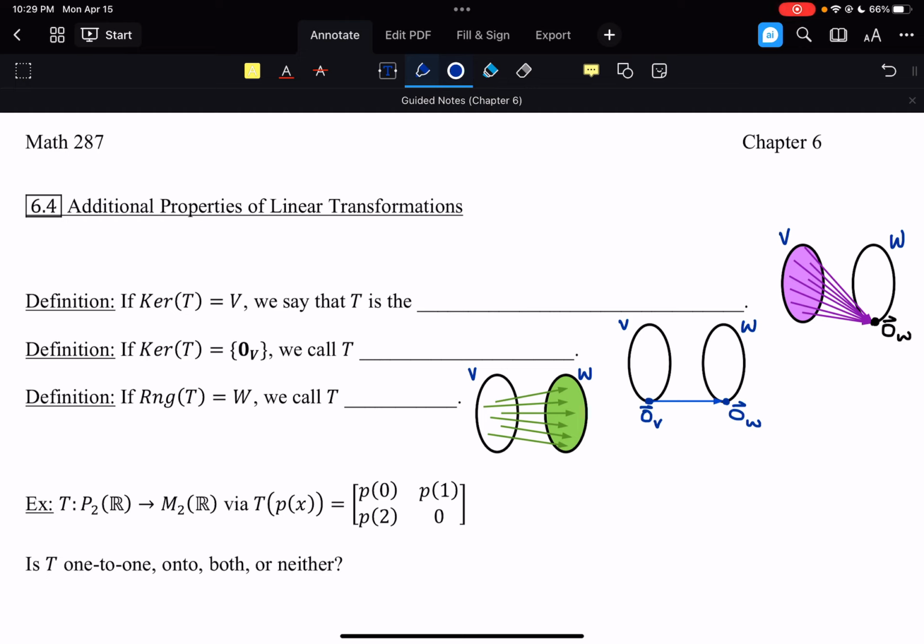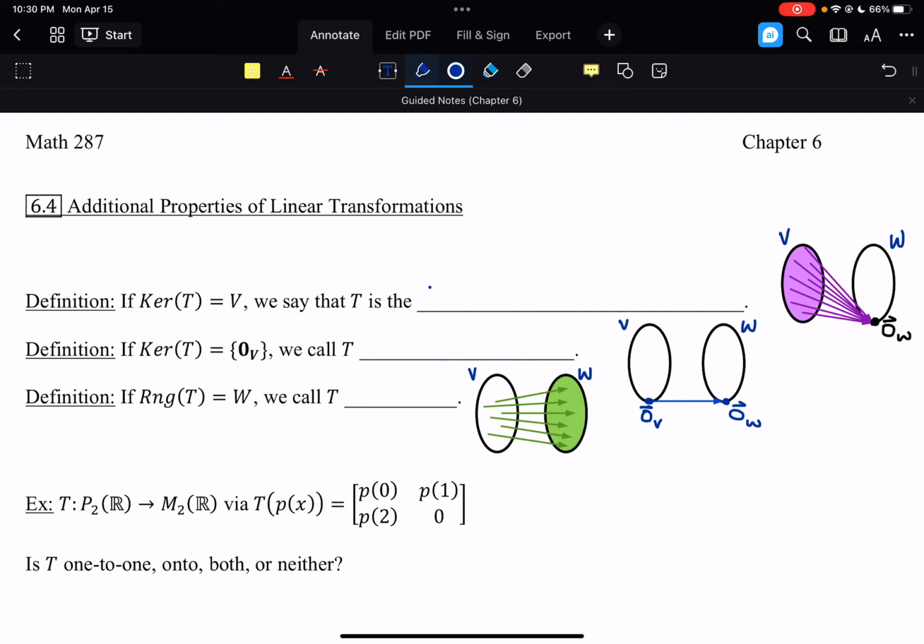So if the kernel of T equals V, so V is the input vector space. The kernel of T is everything in V that transforms to 0. If everything in V transforms to 0, then that means T, everything in V, transforms to 0.